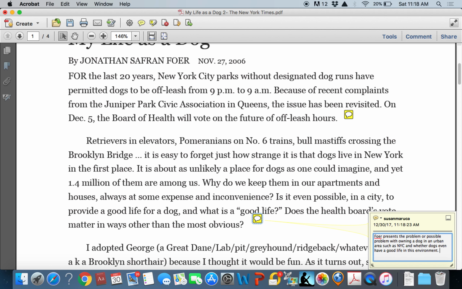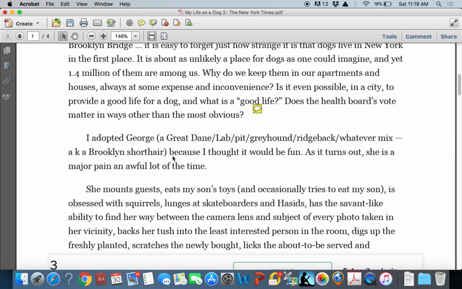And I think it's important to note that Foer doesn't offer his opinion at this point. All right, next paragraph, what's happening here?